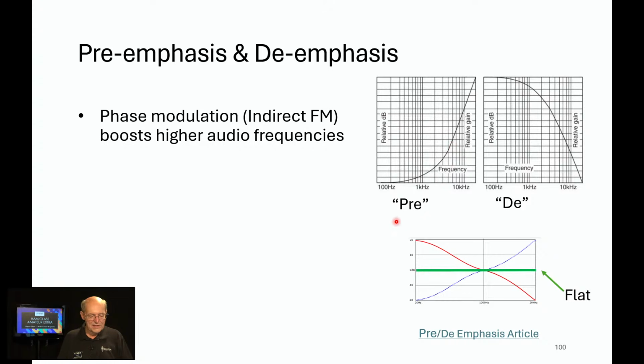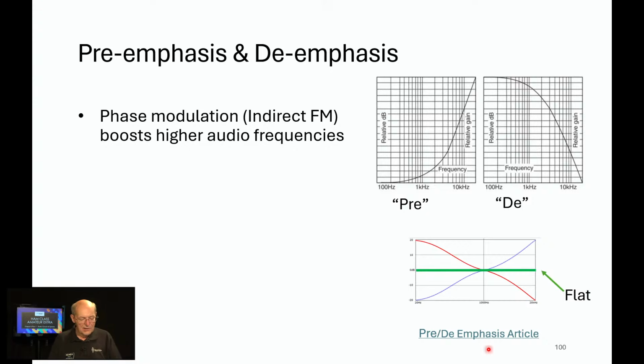So we've got this preemphasis effect going on. We're going to be emphasizing the high frequencies, and it's going to sound terrible on the receive side. So how do we fix that? Well, here's our preemphasis going on here. We use a de-emphasis filter on the receive side. That flattens it back out again. So here's the preemphasis, the de-emphasis. We wind up with flat audio.